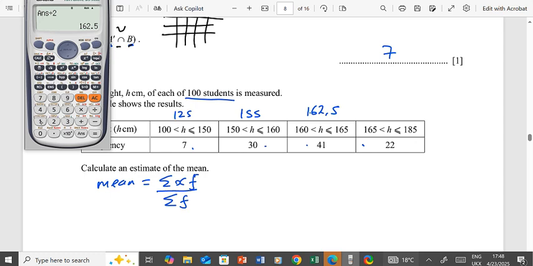The next one is 165 plus 185. Divide that by 2 simply means that I have 175.